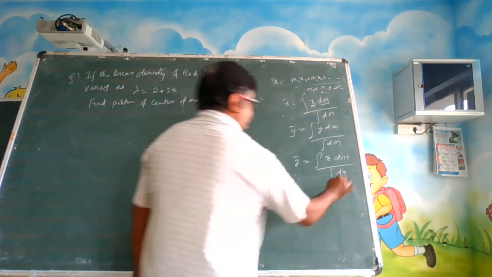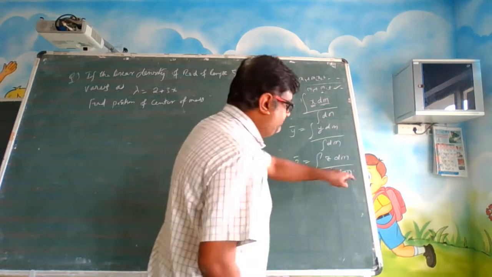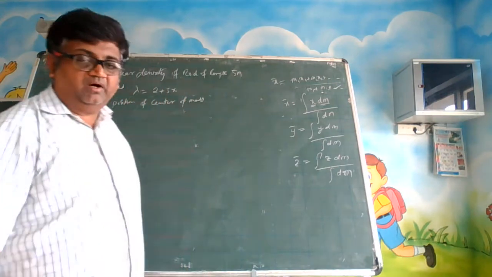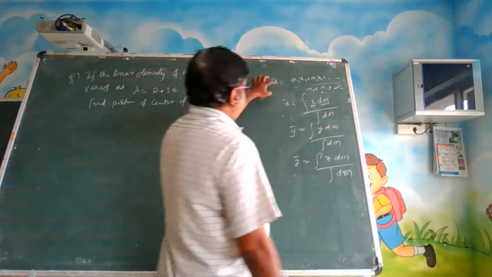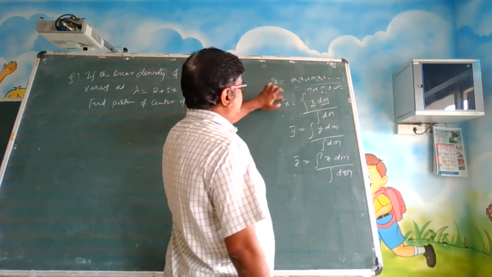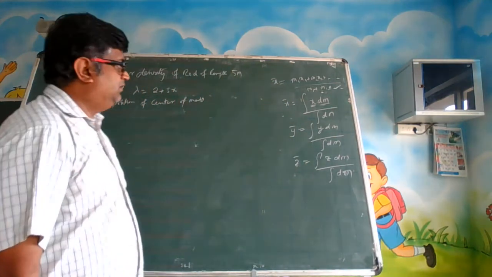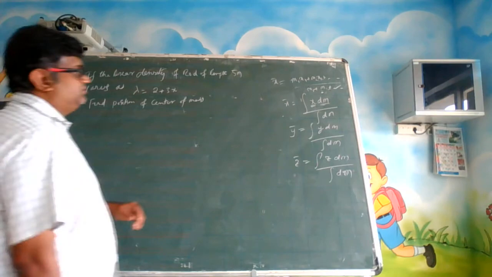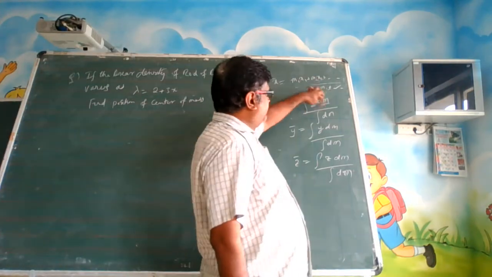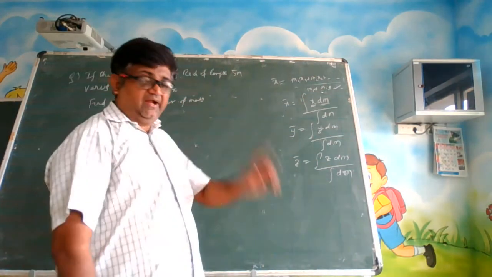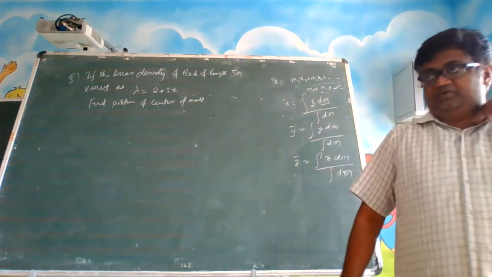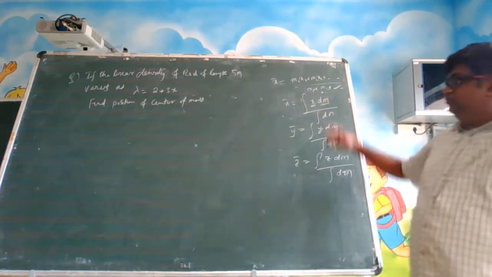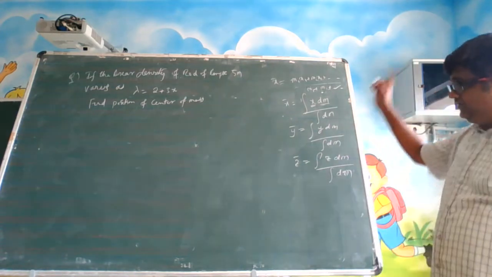What is this dm? It's a very small mass. You can compare these two equations to remember it well, as it often leads to some confusion. Now this mass I am talking about is a continuous mass. If it's a discrete mass, you cannot use this formula. If it's a continuous mass only, you can use this formula.